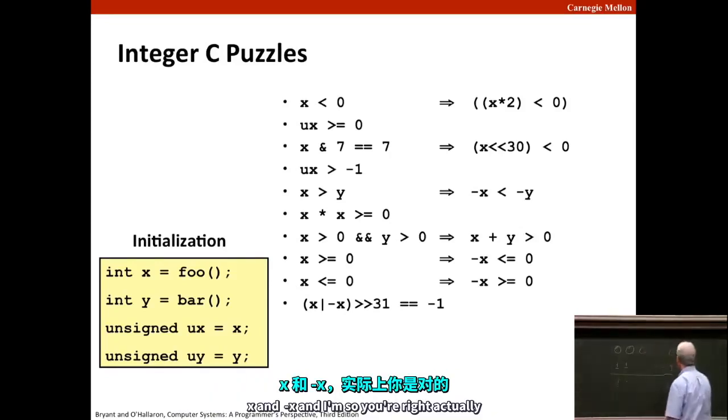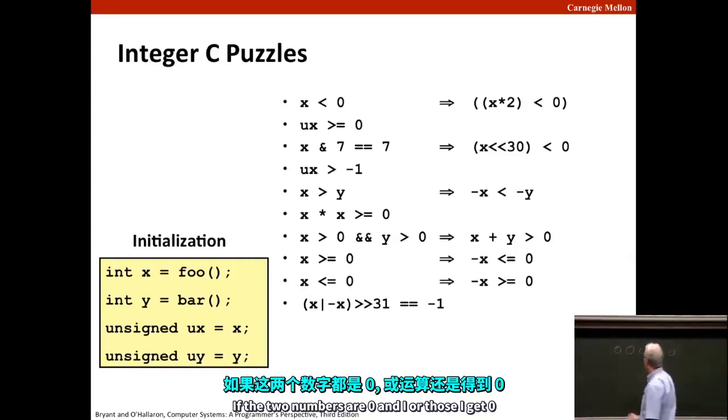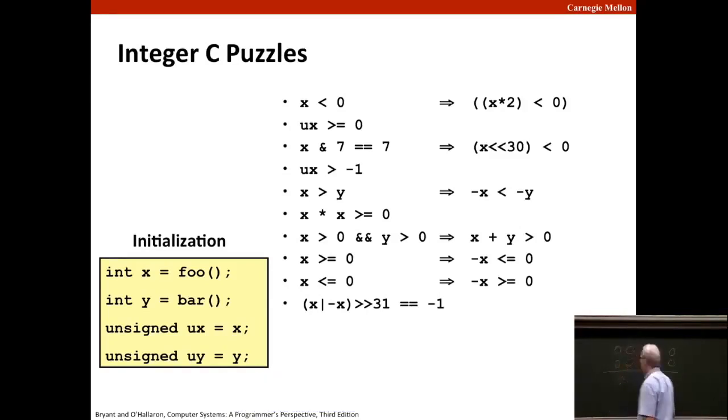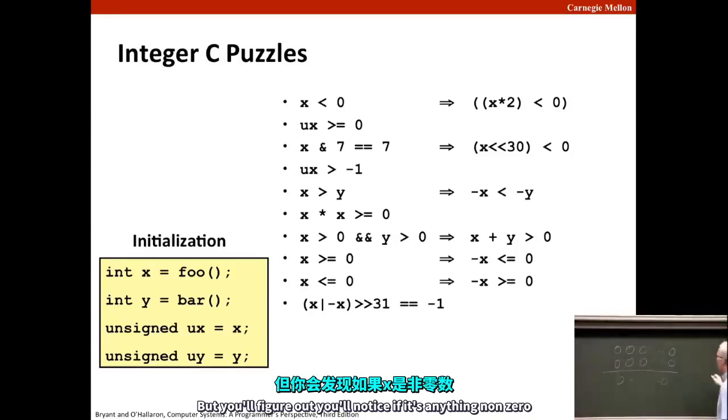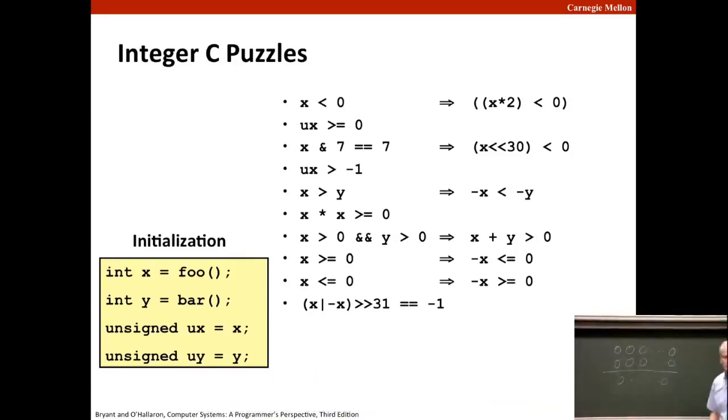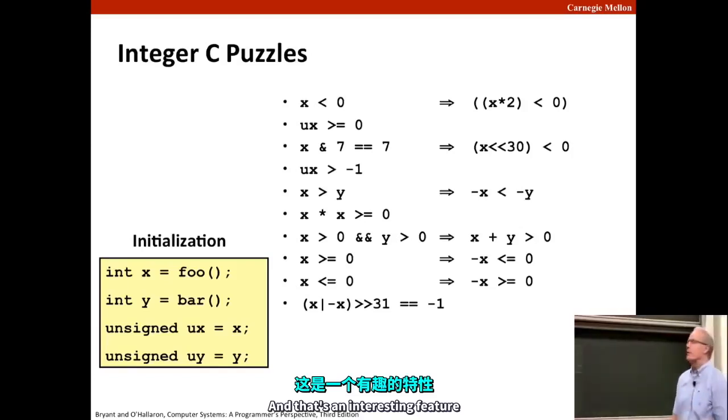X and minus x. So you're right, actually. If the two numbers are 0, and I OR those, I get 0. But you'll notice if it's anything non-zero, actually this will be true. And that's an interesting feature.